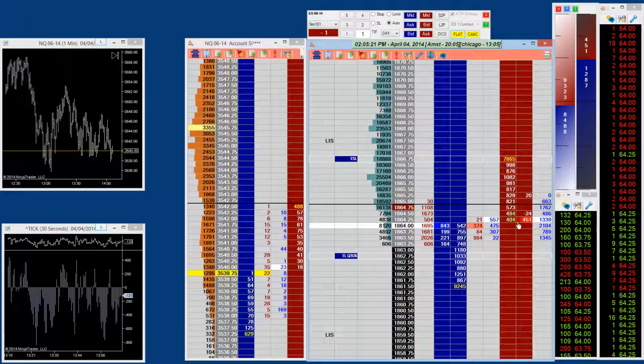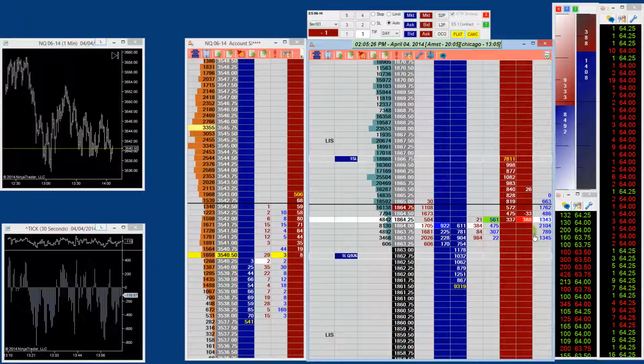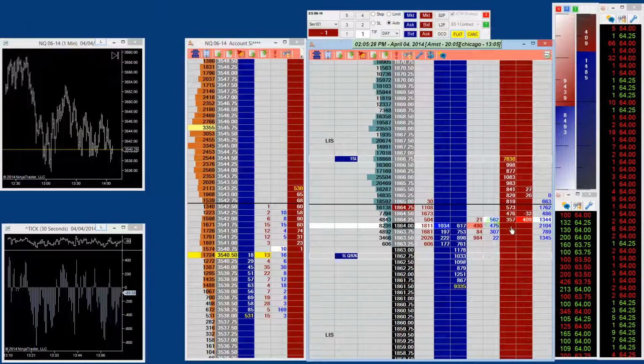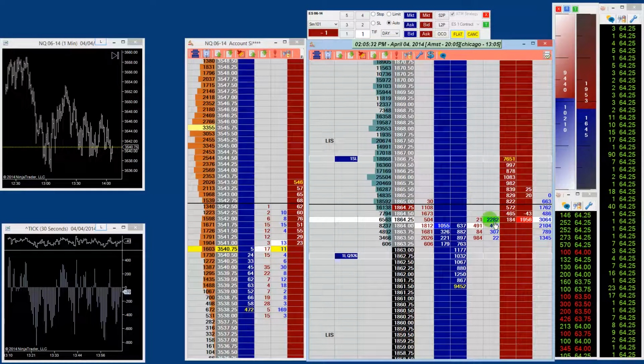And the longer that sits there without a tick up, the more likely it is to go down. If he trades 64.25 and doesn't get a tick up for 30 seconds, there's nothing wrong with that. If it stays there, now we've got a lot more people who bought 64.25, 2,200 contracts traded there. That's more guys sitting at that price waiting for a tick up.